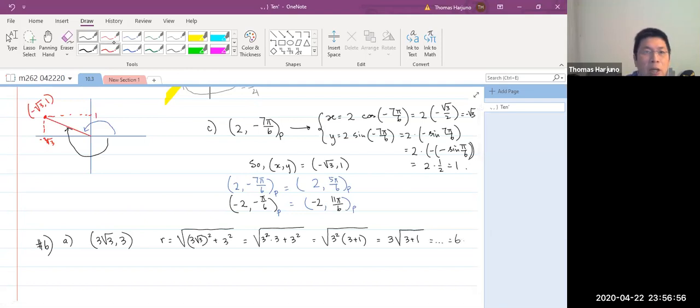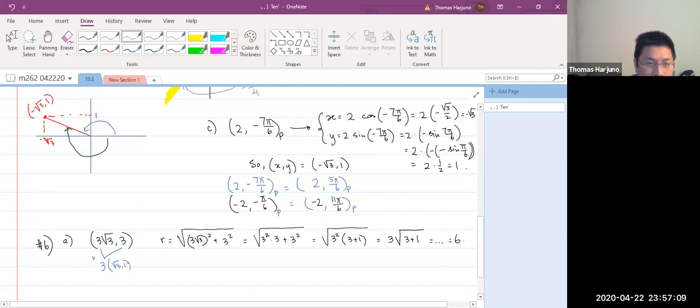But the reason I show you that way of looking at it is that this has common factor 3. So the coordinate, quote unquote, is 3 times square root of 3 comma 1. Now this is not the correct notation though. So never write this explicitly, never. Just do it in your mind. But if I need to find the r for this, then the r will be the common factor they have. The common factor is 3.